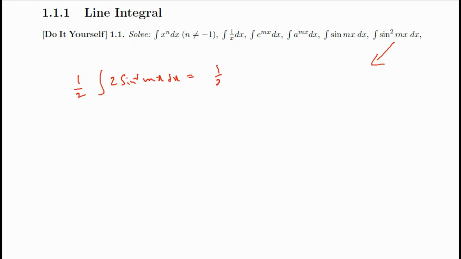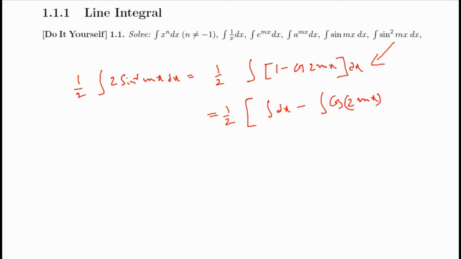You can write it as the integral of dx minus the integral of cos 2mx dx, so half of x minus sin 2mx by 2m, plus c.